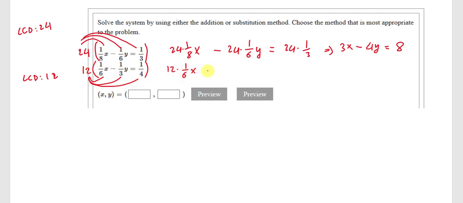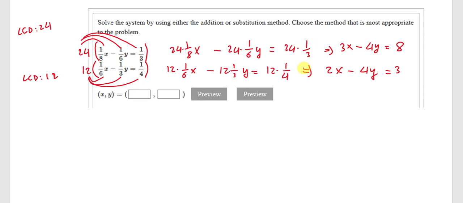We keep the minus sign. 12 go to the second one. We also keep the multiplication here. And then 12 go to the last one. Okay. 12 divided by 6 give me 2x. 12 divided by 3 give me 4. Make sure we still have the minus sign. And then 12 divided by 4 give me 3. Okay.